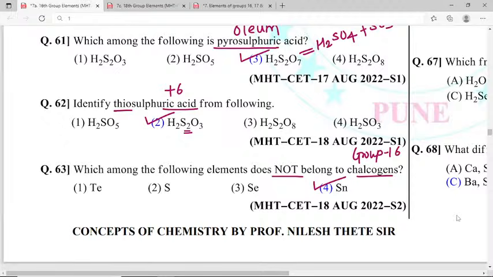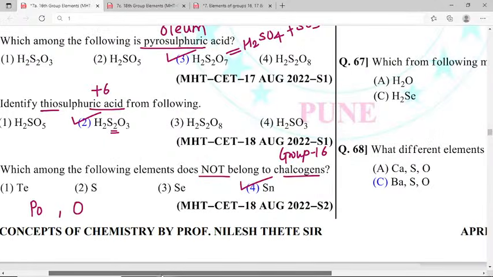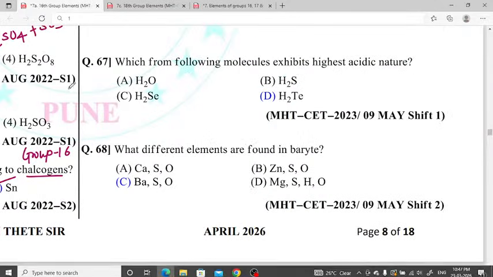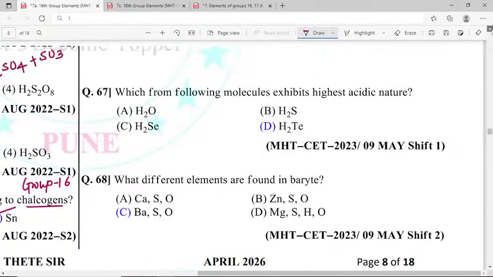So tellurium, sulfur, selenium are chalcogens. Polonium is also there, and oxygen also: oxygen, sulfur, selenium, tellurium, polonium. All these are the chalcogens. Thio stands for sulfur double bond sulfur. Very good.